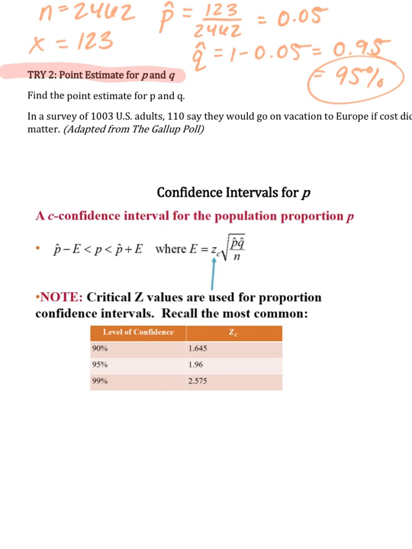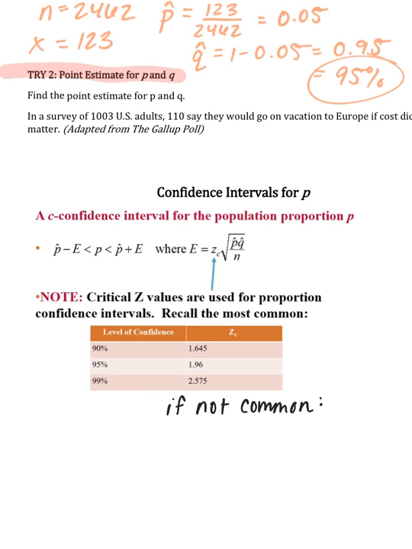Here's just another little chart of your common confidence levels. I don't think there's any today where you have to use a confidence level that's not common, but remember, if not common, you can use the inverse normal function on your calculator to find the critical value.